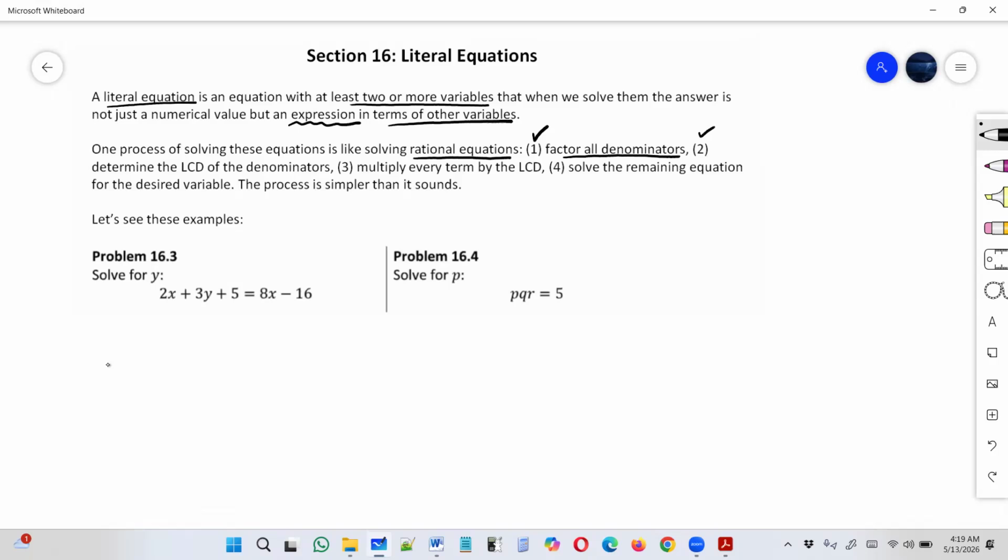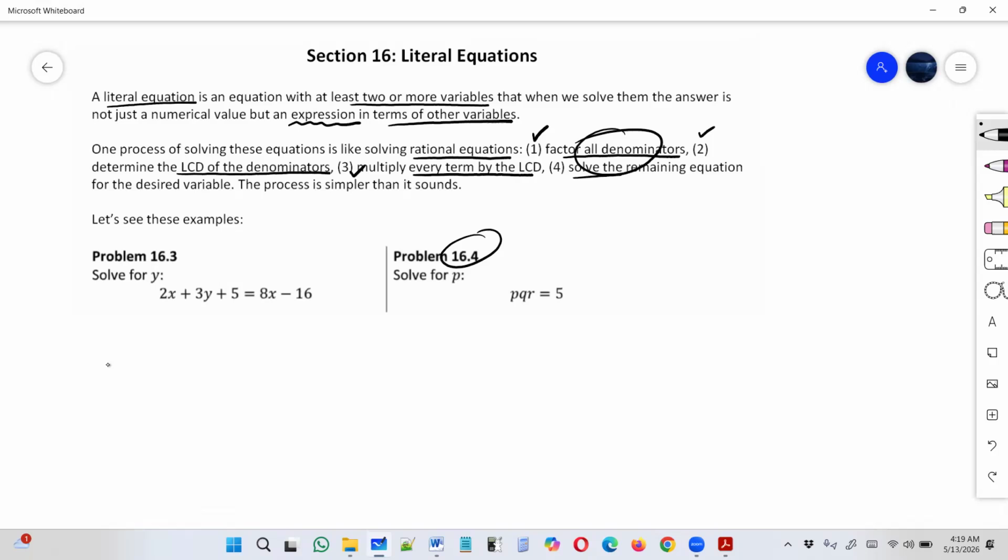In that case, we're going to find the LCD of the denominators. We're going to then multiply every term by the LCD. We're going to solve the remaining equation, and then we're going to get an answer in terms of the other variables. Now, obviously, if the equation does not have a denominator, this becomes a lot simpler, but still applicable in our cases.